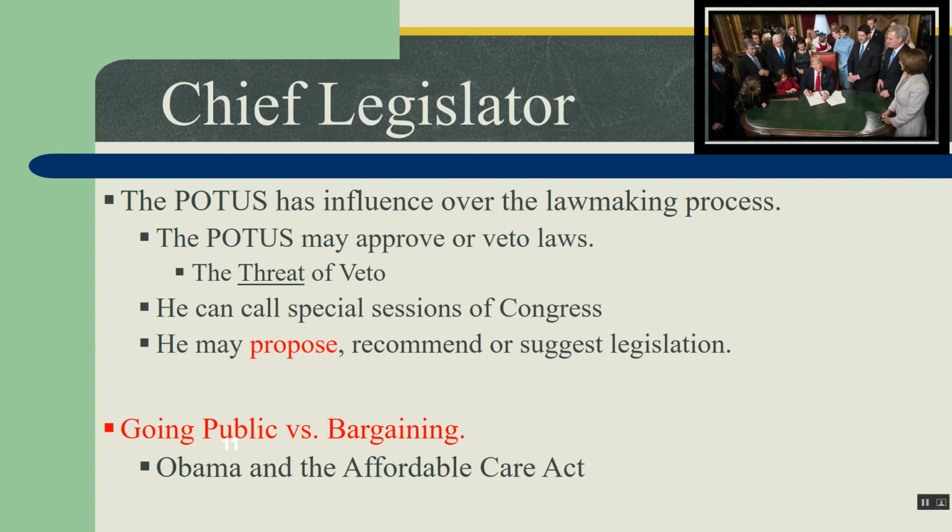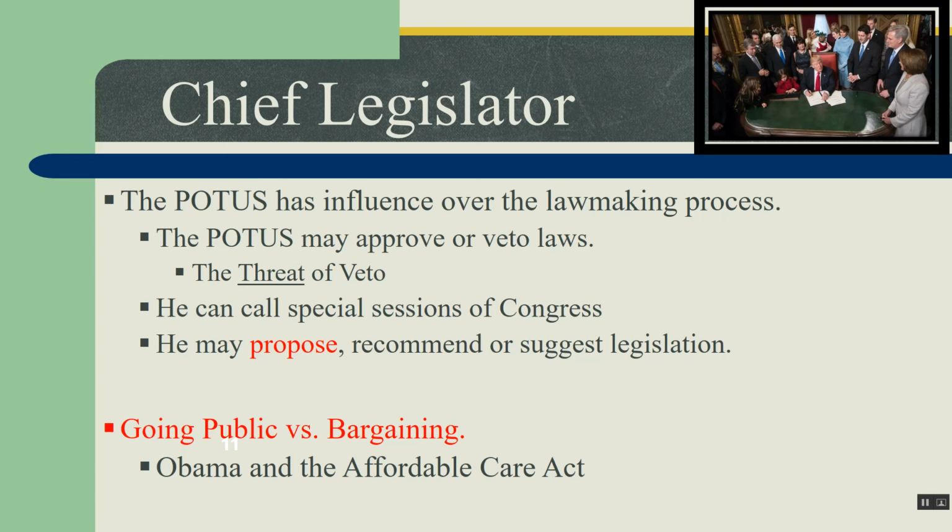He can veto laws that he doesn't like, and he can call special sessions of Congress if he thinks that there is an emergency which requires Congress's immediate attention. But he cannot force Congress to pass a law if they do not want to, at least not formally speaking.